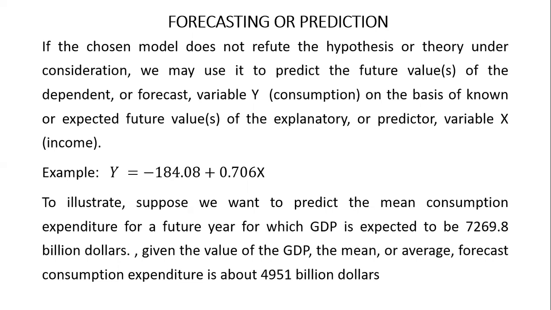Given the value of the GDP, the mean or average forecast consumption expenditure is about 4,951. That is, if we plug in x equals 7,269.8 into that estimated model, we are going to arrive at $4,959 billion.